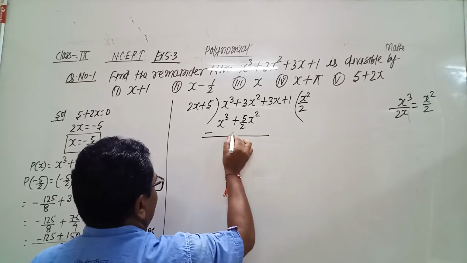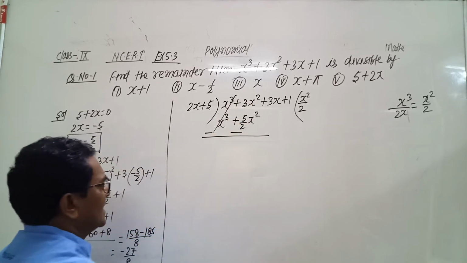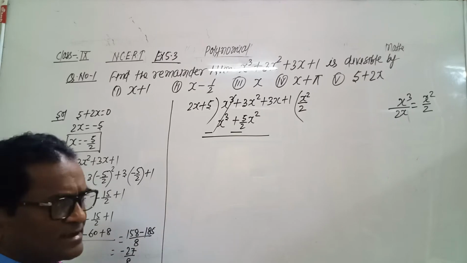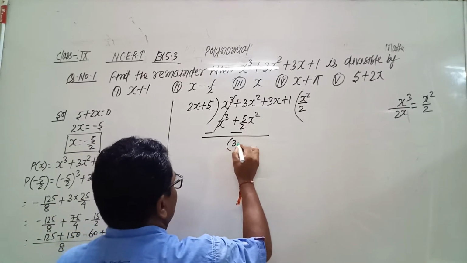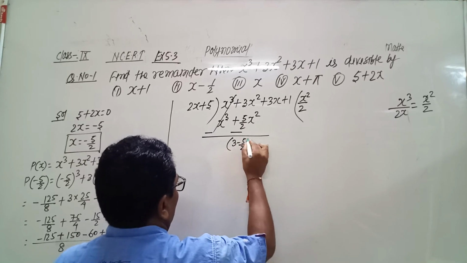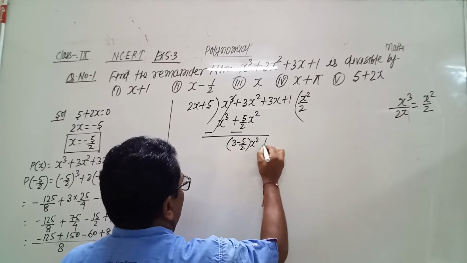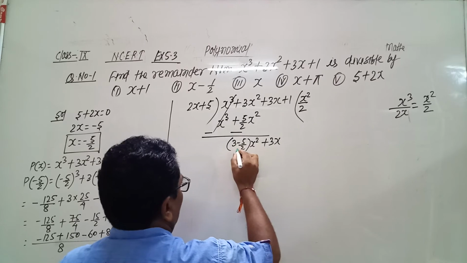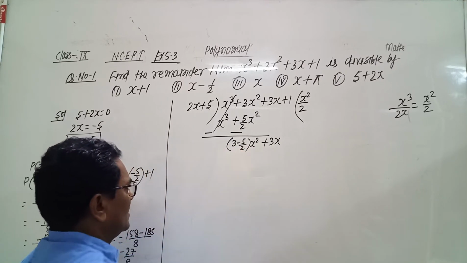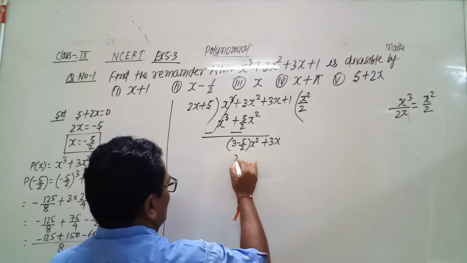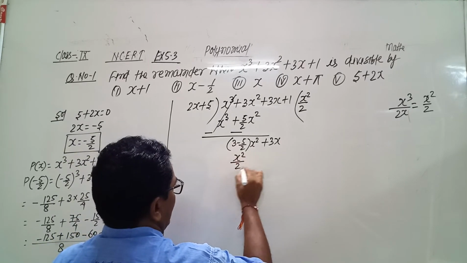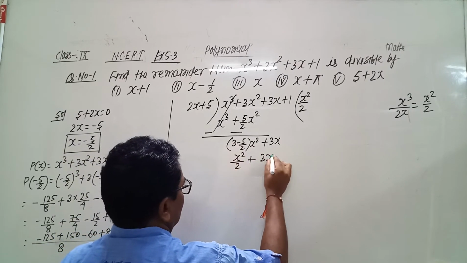Now change the sign. X cube gets cancelled from both the terms. X square is common, so it would be written 3 minus 5 by 2 x square and plus 3x. Taking LCM, 3 into 2 is 6, minus 5, 1 by 2. So x square by 2 plus 3x.